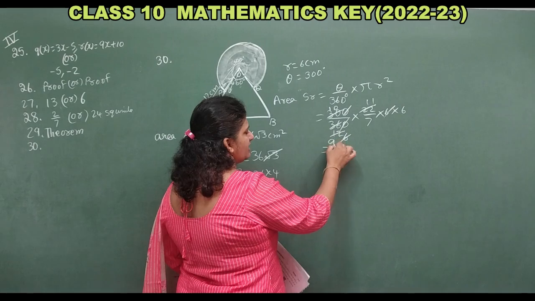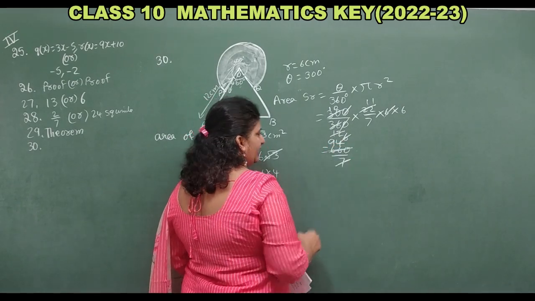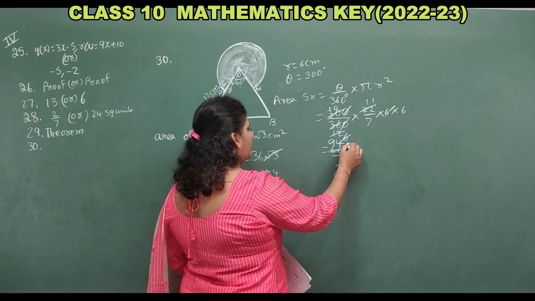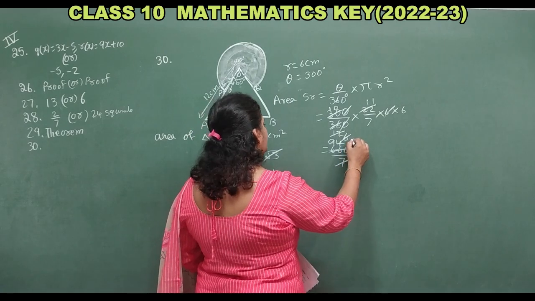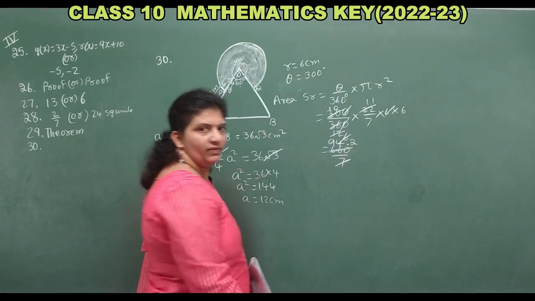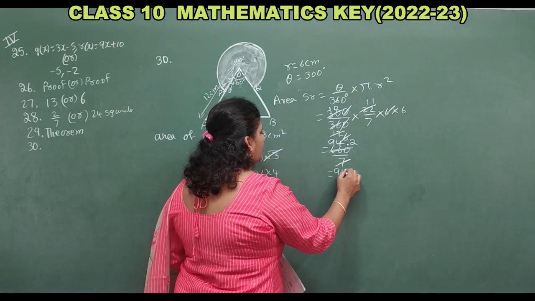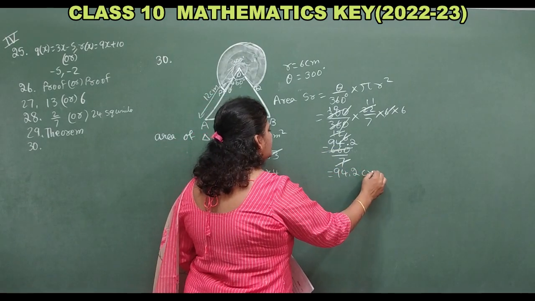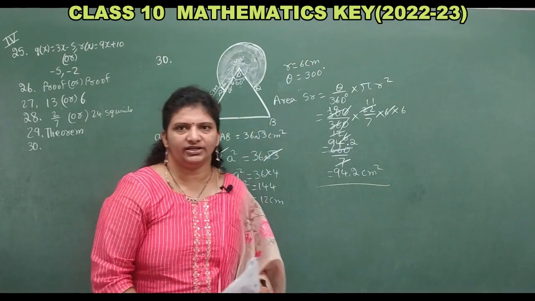Cancel: 7 9s are 63, 30 left. 7 4s are 28. Again put a point. 2 left, 20. 7 2s are 14. Again 6 left. So on it will be continued. So let me stop here. 94.2 centimeter square is the area of the shaded region.